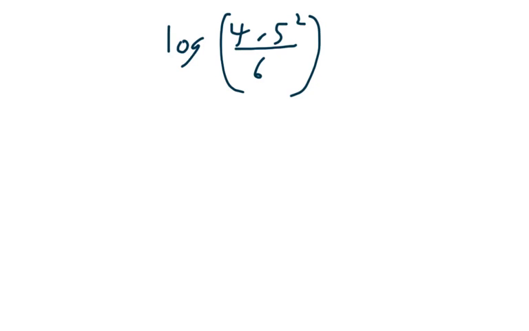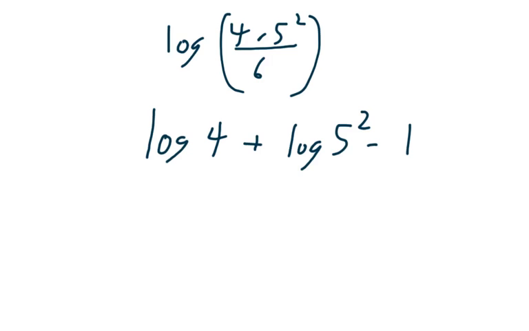So let's say we have log of 4 times 5 squared over 6. Now we talked about the fact that you can just put this in your calculator and get the answer, but I want to talk about the rules here. So what I'm going to do is log 4 plus log of 5 squared, because adding means multiply, minus log of 6, because subtraction means division.